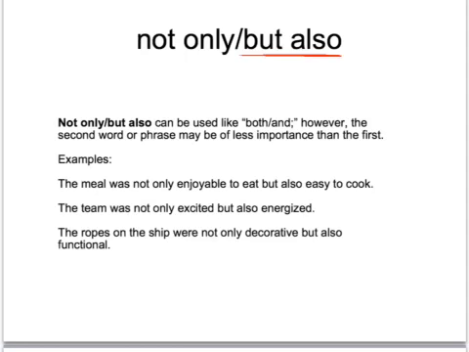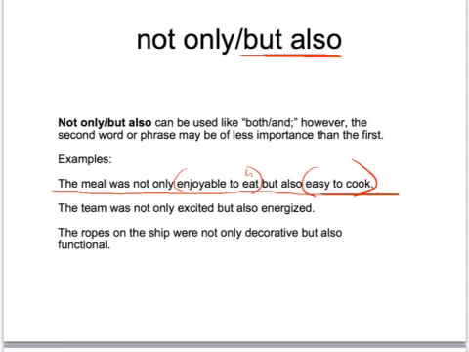Like in this first example, the meal was not only enjoyable to eat, but also easy to cook. Enjoyable to eat and easy to cook both start with adjectives and a noun at the end. But because we're talking about food, of course, being enjoyable is more important than being easy to cook.